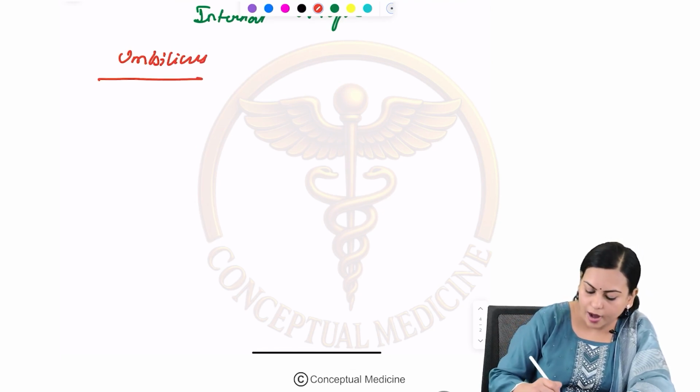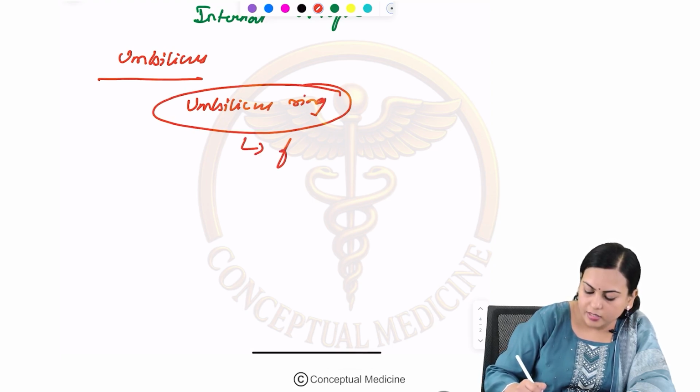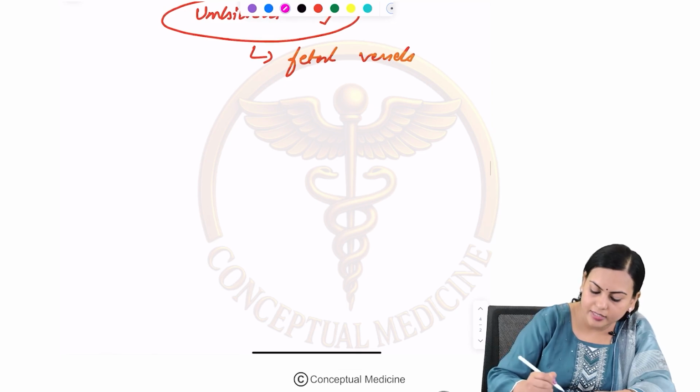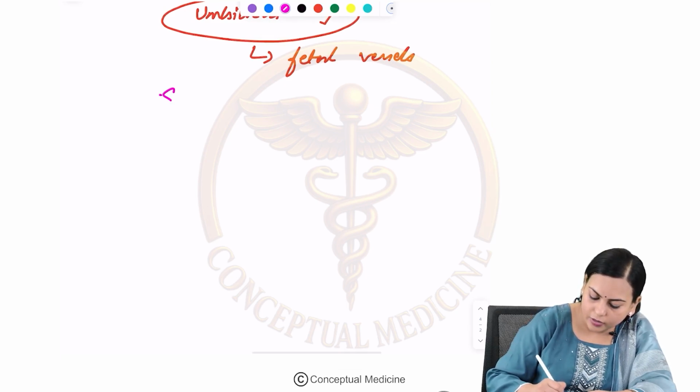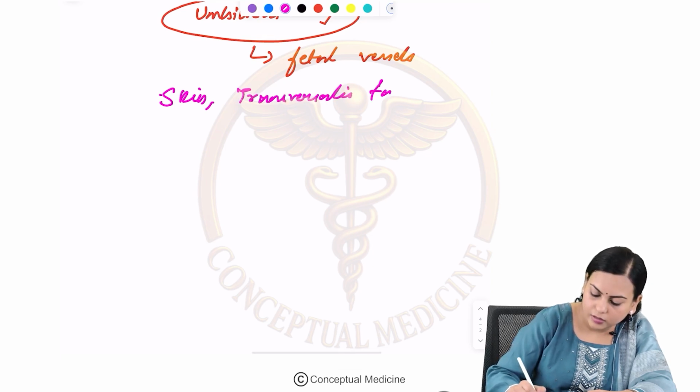Now we are going to see about the umbilicus. As we all know, umbilicus contains the umbilical ring where the fetal vessels have passed through during the fetal life, and it is surrounded by the skin, transversalis fascia, and the peritoneum.